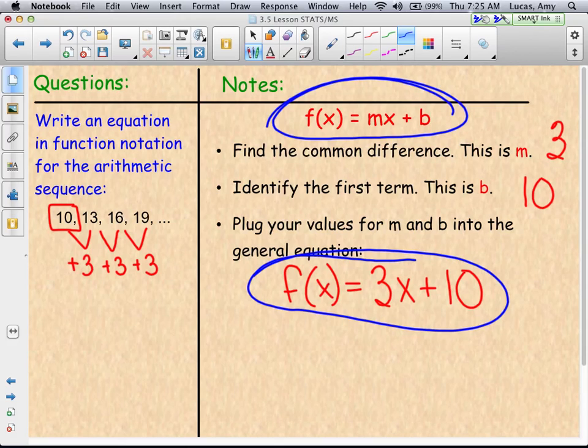So that's the challenge to you, to remember that first you do your common difference, and that goes in front of the x, and then your first term. So anything that you can think of to remember that would be great. So common difference and then first term.